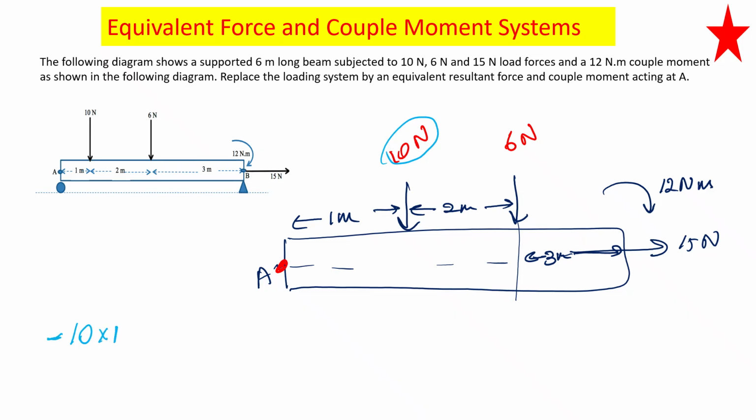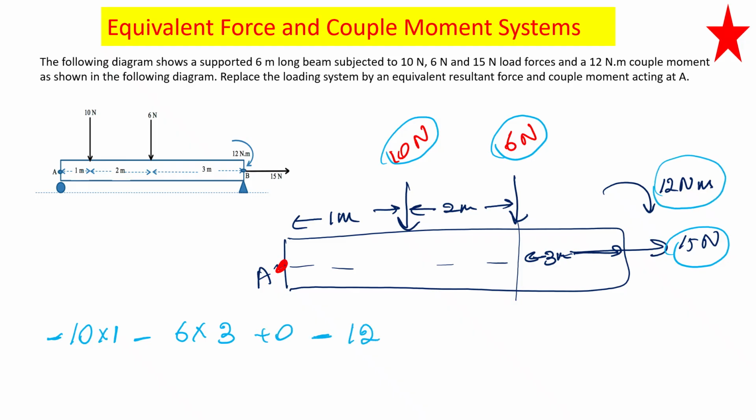Negative. How about 6? Negative 6 times 3. How about this 15? Okay. How about this 12? Negative 12 times?